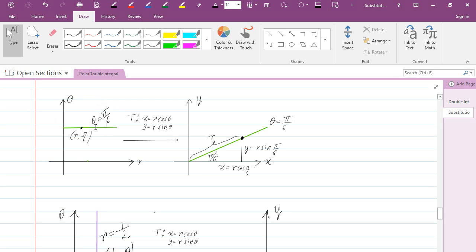Thought of as a rectangular equation, the graph of that is this straight line here, and I'm taking r non-negative.